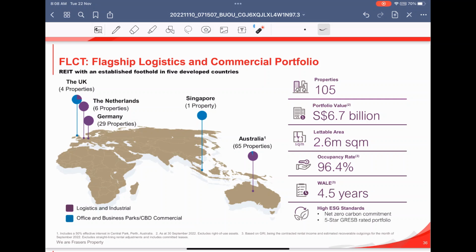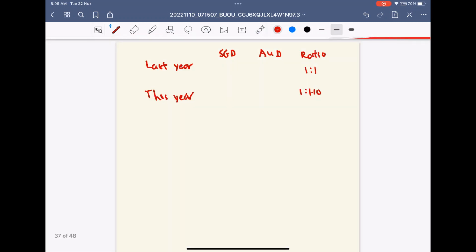So one example is the Aussie dollar, which has dropped from an average of 1:1 last year to 1:1.10 this year. So let me give you an example to show you the impact. Let's take 1 million of Aussie revenue. Last year, since the ratio is 1:1, the amount that the REITs receive from all these different properties would be converted to SGD and given to us as distribution as 1 million as well, because it's 1:1.